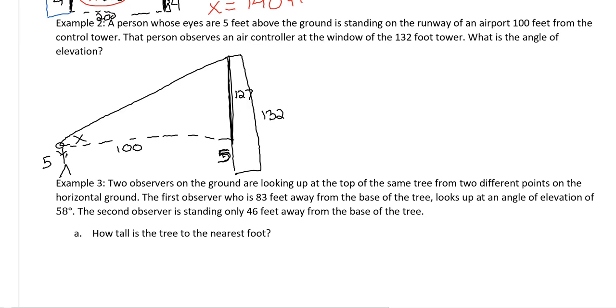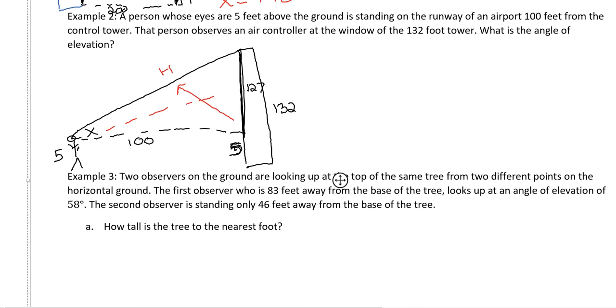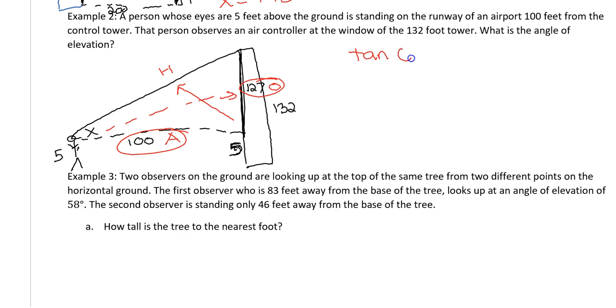So again, I have my hypotenuse, the opposite side, and the adjacent side, and I'm using O and A, so that would be tangent. Tangent of theta equals the opposite over the adjacent. So tangent of x equals 127 over 100.